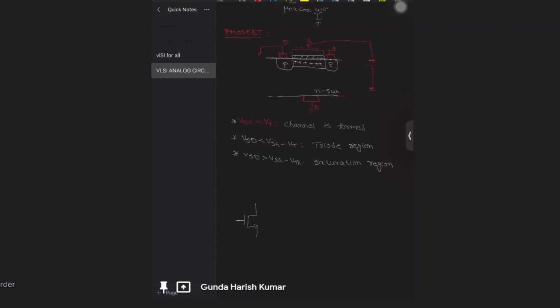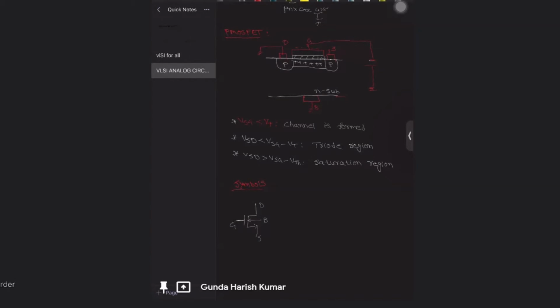This is the symbol of the N MOSFET. First, I'll tell you the symbols. This is the symbol of the N-type MOSFET. This is the gate. This is the drain. This is the source.